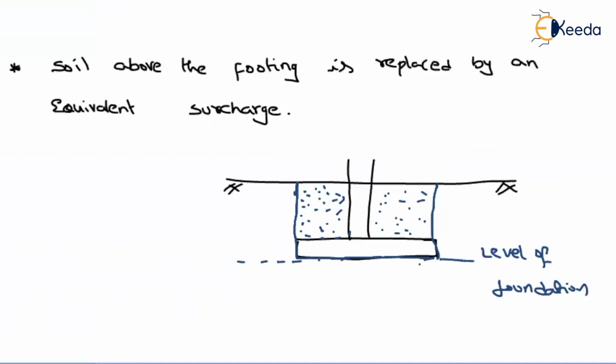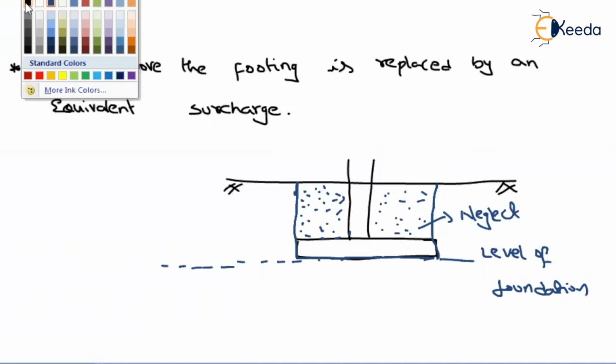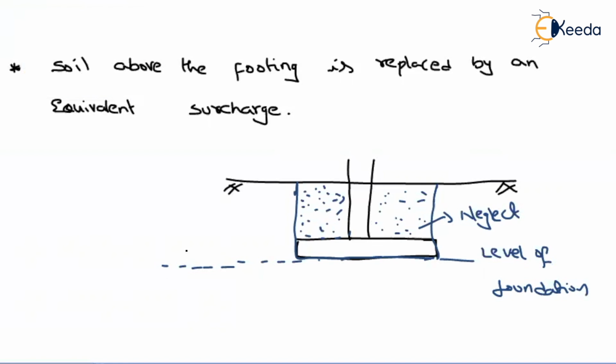What Terzaghi is saying is to neglect the soil mass effect. Instead of considering the soil mass, let us assume it in terms of an equivalent surcharge. What is the equivalent surcharge? We will consider it as gamma into Df.